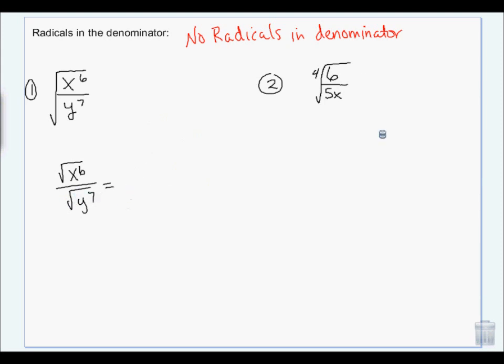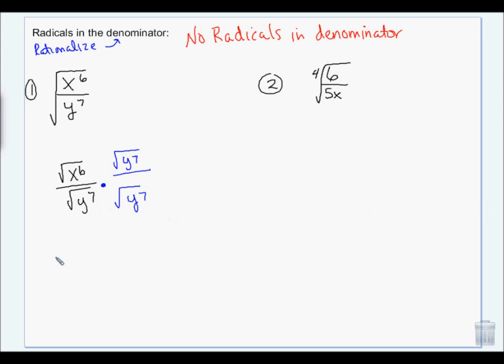So when you get a situation like this, you have to do what's called rationalizing the denominator. In order to rationalize the denominator, here I have a square root. Whenever you have a square root, you just multiply it by exactly what you already had. And the reason is because if you square a square root, they cancel each other out.